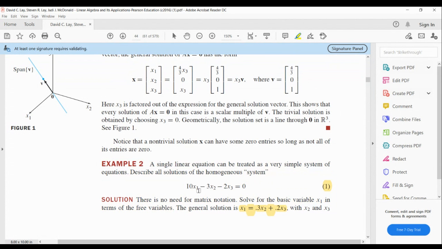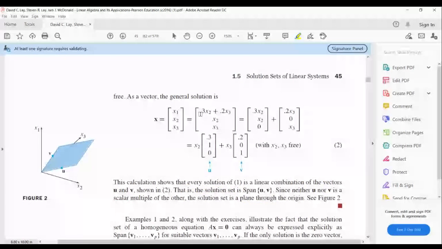If you were to move the 3x2 and the 2x3 to the right-hand side, and then divide the equation by 10, or I would like to say multiply by one tenth, because multiplying by a scalar is a row operation, you'll get x1 equals 0.3x2 plus 0.2x3, with x2 and x3 being free variables.